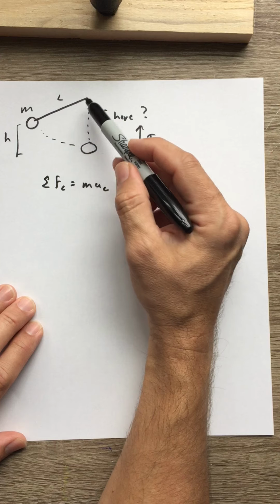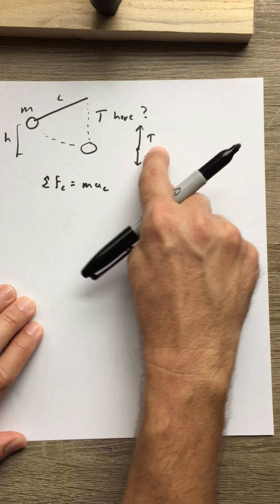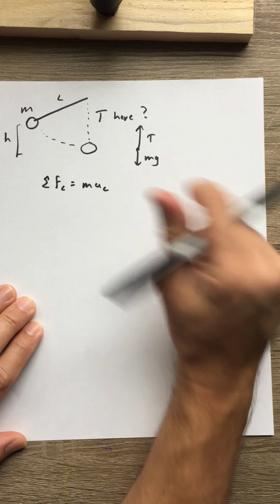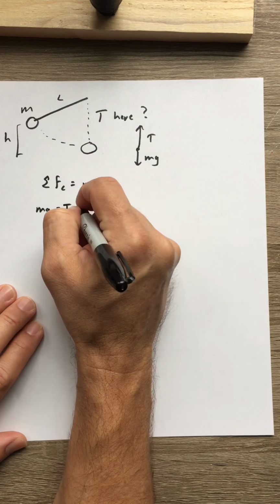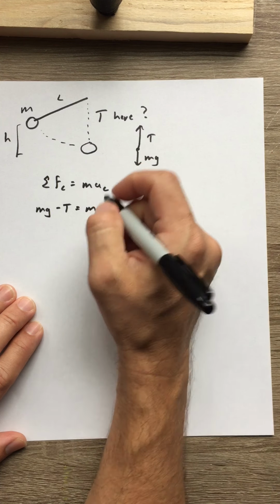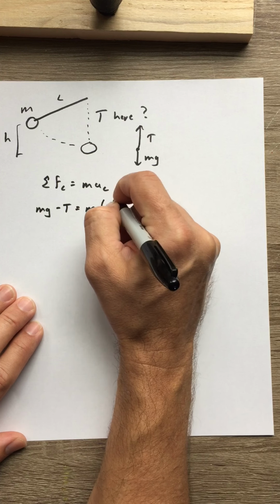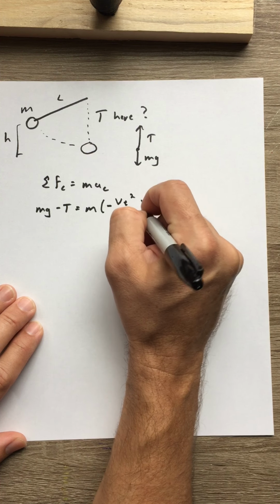Let's pick towards the center of the circle as the negative direction. So that's going to give me a negative T and a positive mg. I'm going to write mg minus T is equal to m, and we also know our expression for centripetal acceleration. It's negative v tangential squared over r.